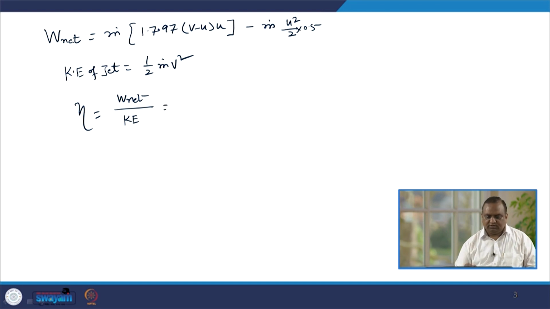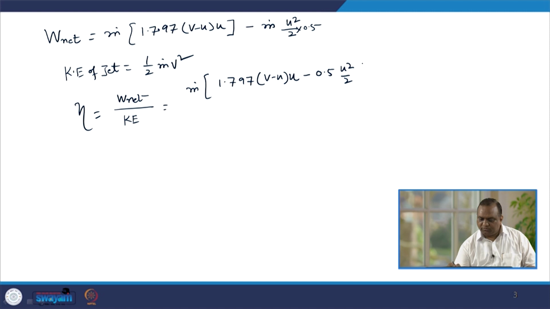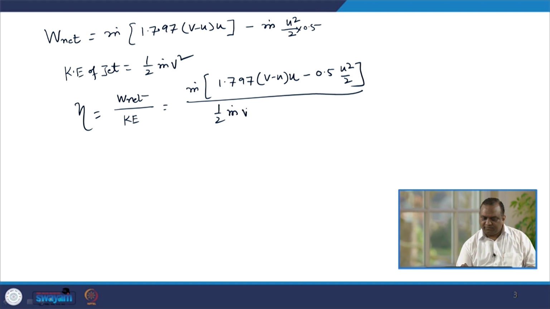This is the net work. So, mass flow rate multiplied by 1.797 V minus u multiplied by u minus 0.5 u square by 2, divided by kinetic energy, that is half m v square.